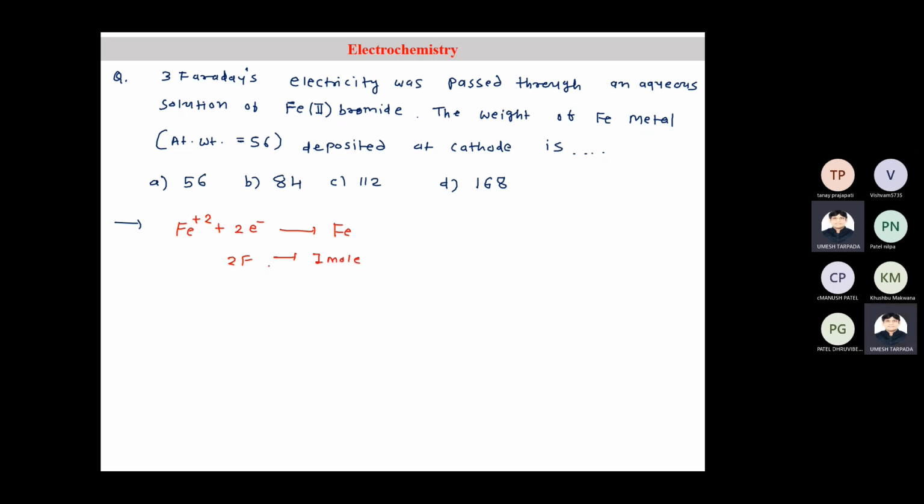To write the relation with given data, 3 Faraday is given, so it is equal to how many moles of Fe? So moles of Fe is equal to 3 into 1 upon 2, that is 3 by 2. It is equal to 1.5 mole.